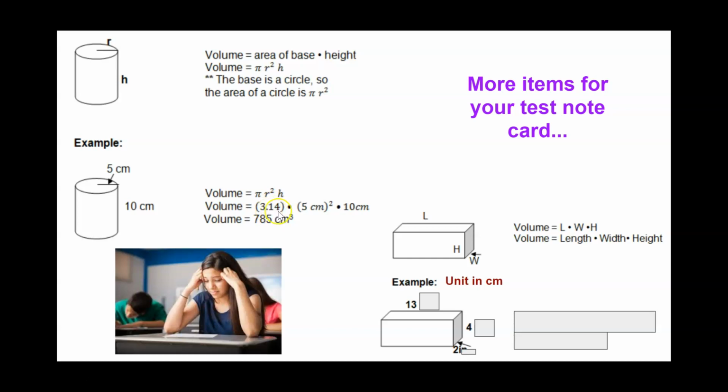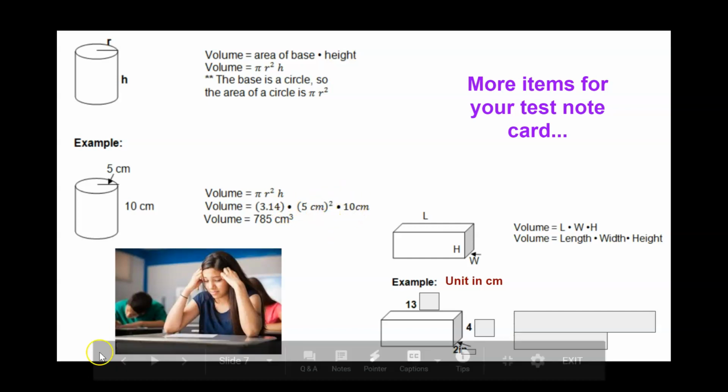So back to the other problem here, Dominique. We have 3.14 times 5, and then we're going to square it, and then we have 10.